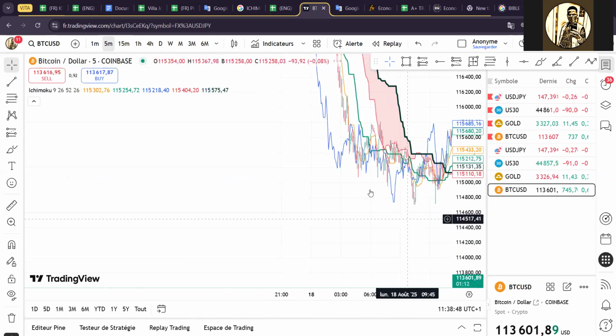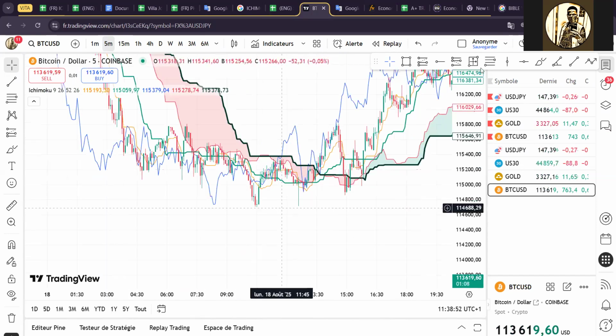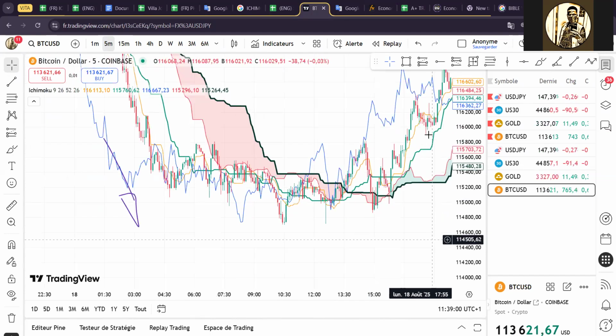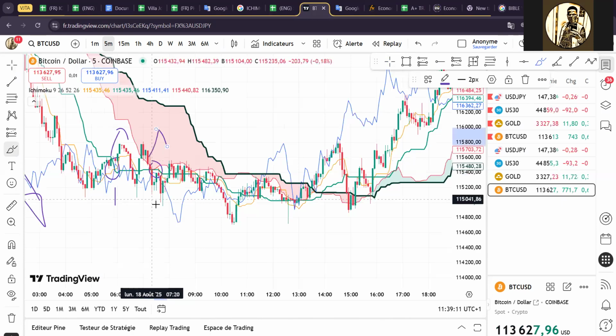For example, let us look at this one. The price was going down from the left side. Normally when you have 1, 2, 3, what I explained in the document is that this will be the first close to the upside, then the second close to the upside here, then the third close to the upside here.